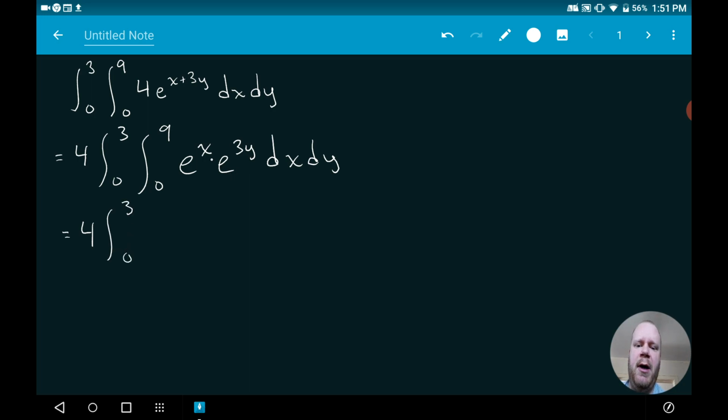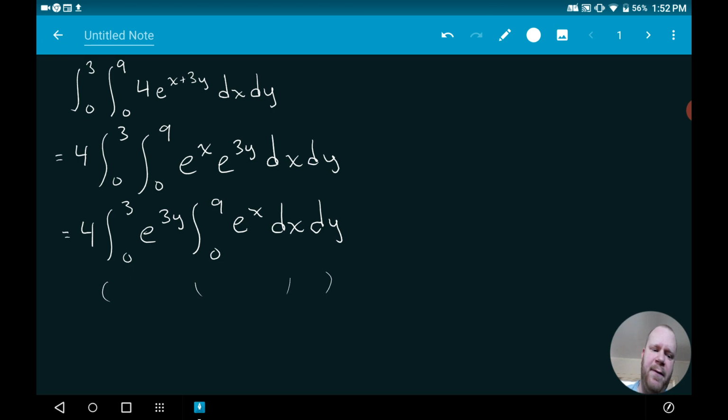So we can either treat this like a constant when we integrate with respect to x, and it looks like there's no problems with that. Another thing we could do is just pull that out in front here, so I'm going to do that. I think I like that. And just remembering to close those parentheses, right? So with respect to x first, then y, then multiply it by 4.